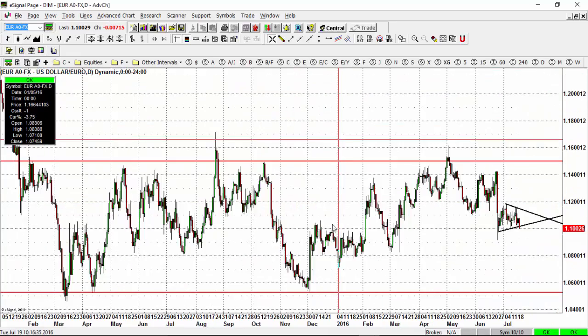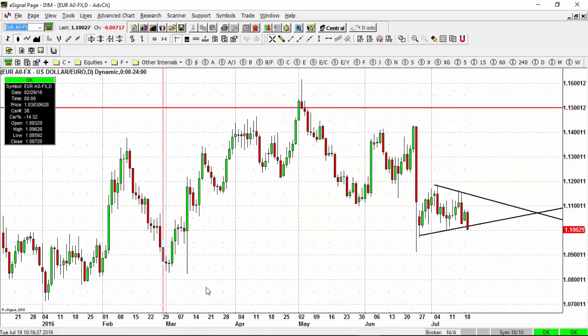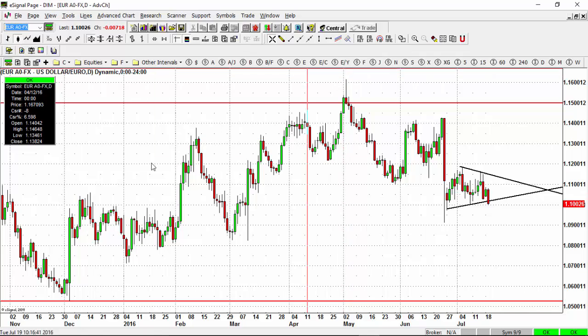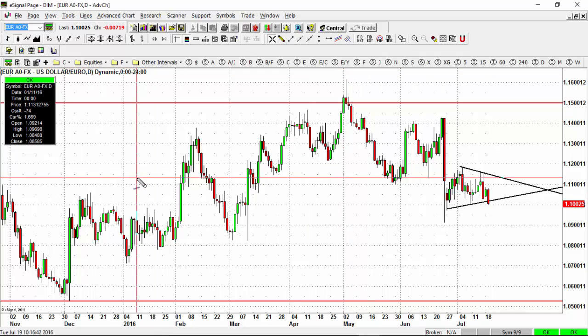I could do the same thing for the euro, because the US dollar index is almost a mirror image of the euro. If the market traded up to resistance, traded down, took out these lows here, went up again and made a new low.